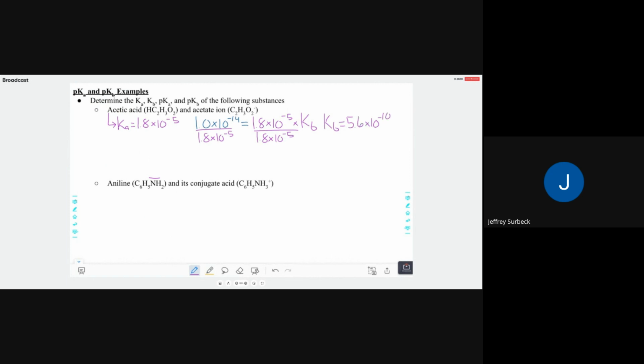Looking at that, especially with exponents, you might think, maybe I can determine if it's weak or strong. But let's plug it into our pKa and really make use of this. We're going to start out with our Ka. Our pKa is the negative log of that number.